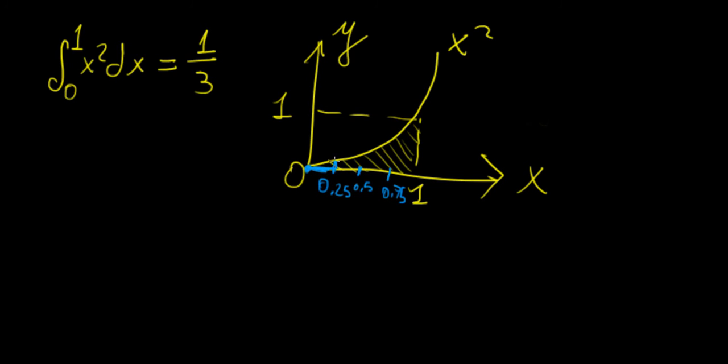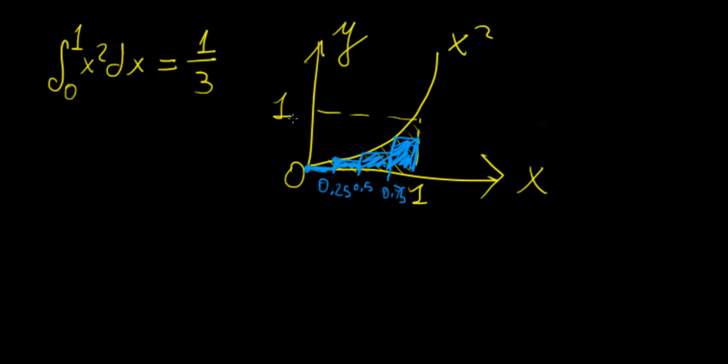Now for this one, this is going to have the height of this endpoint, so that's going to be this. For 0.5 we're going to have this height, so that's the third rectangle, and for the last one we're going to have this height. Now you can obviously see, even from the graphical representation of this, that using 4 rectangles is not going to be good enough, and we're going to have a reasonable amount of error in it.